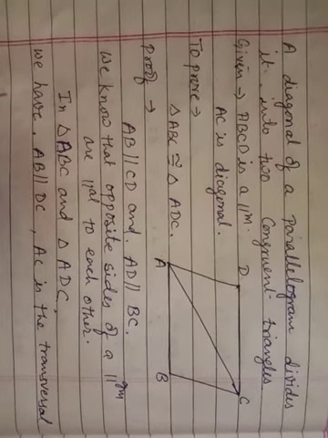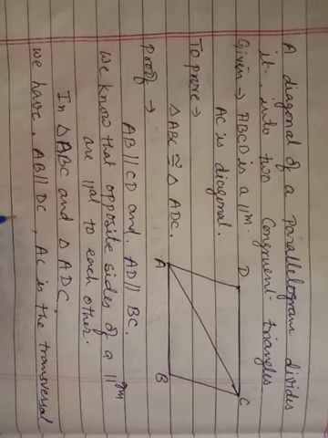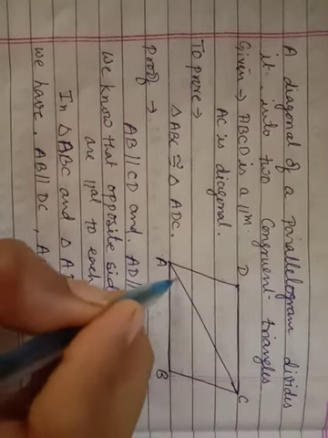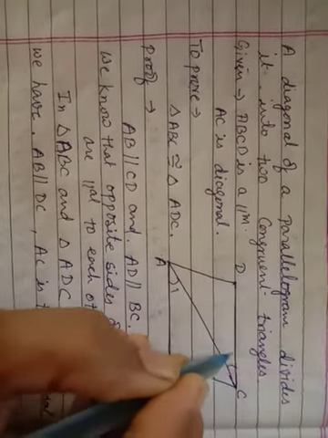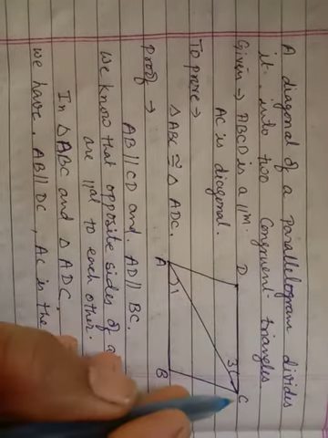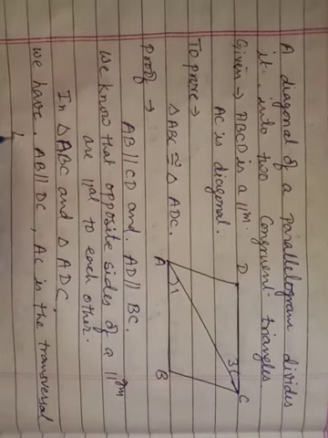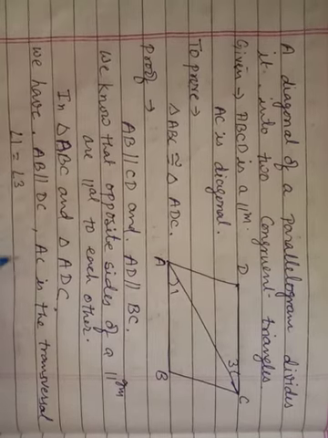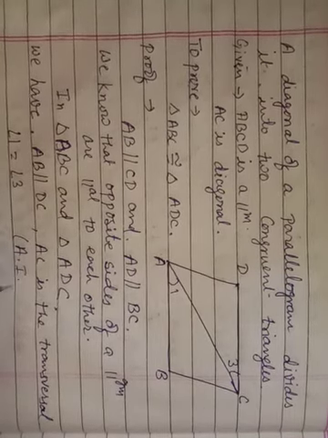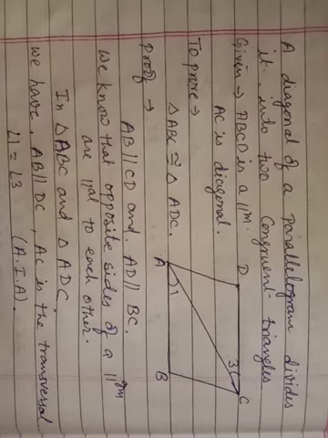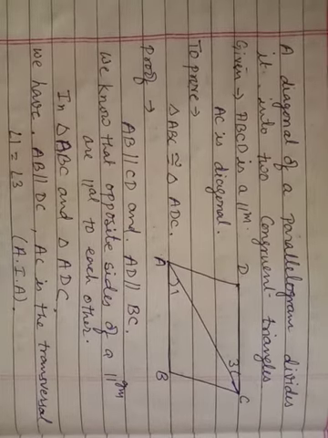So we can say that this angle 1 is equal to angle 3. AB is parallel to CD, AC is the transversal, so angle 1 is equal to angle 3. Why? Alternate interior angles, and we know that alternate interior angles are equal.